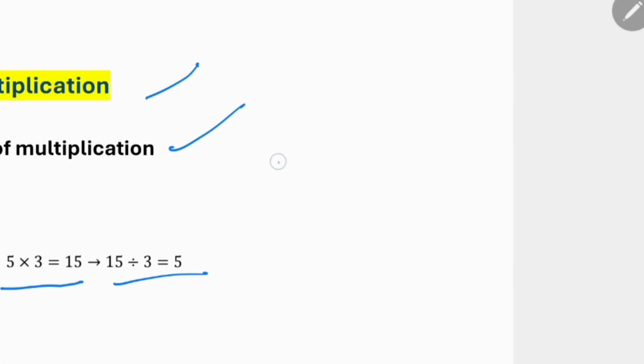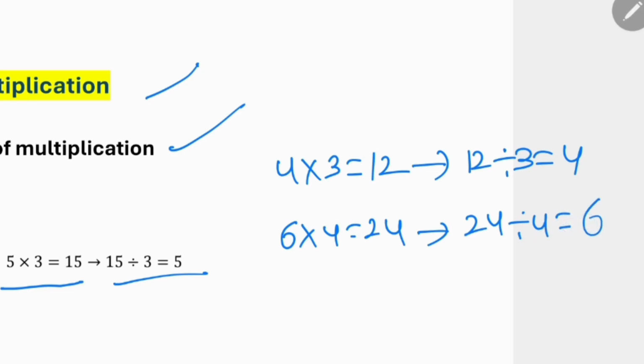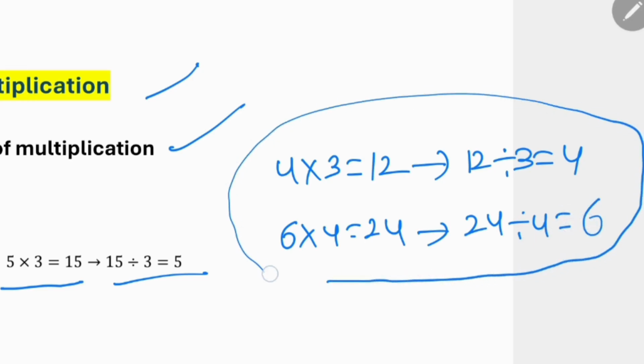Another example, 4 into 3 is equal to 12. That implies 12 by 3 is equal to 4. And 6 into 4 is equal to 24. That implies 24 divided by 4 is equal to 6. So, division is the reverse of multiplication.